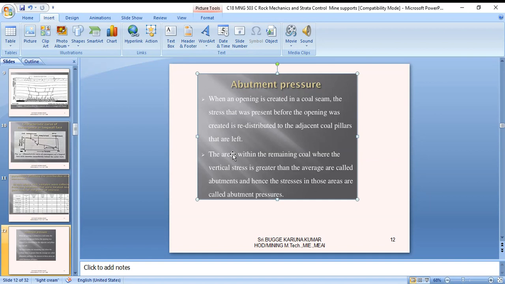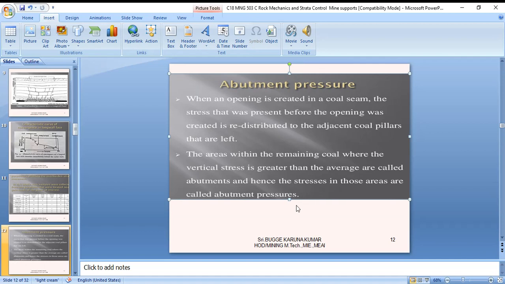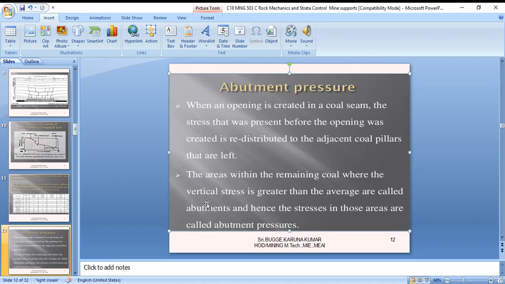Abutment pressure. When an opening is created in a coal seam, the stress that was present before the opening was created is redistributed to the adjacent coal pillars that are left.